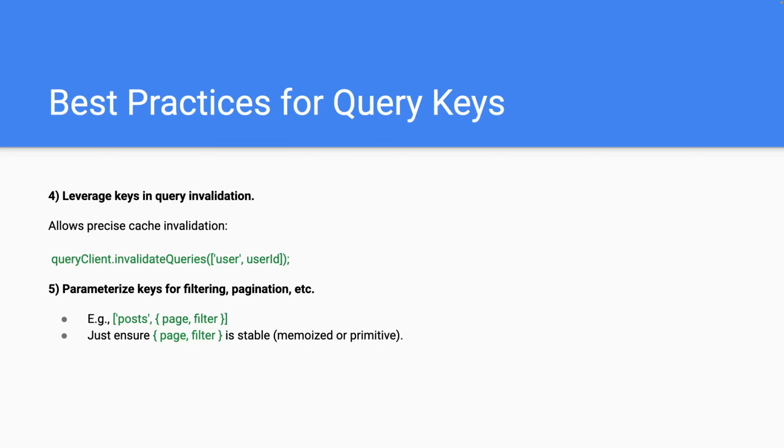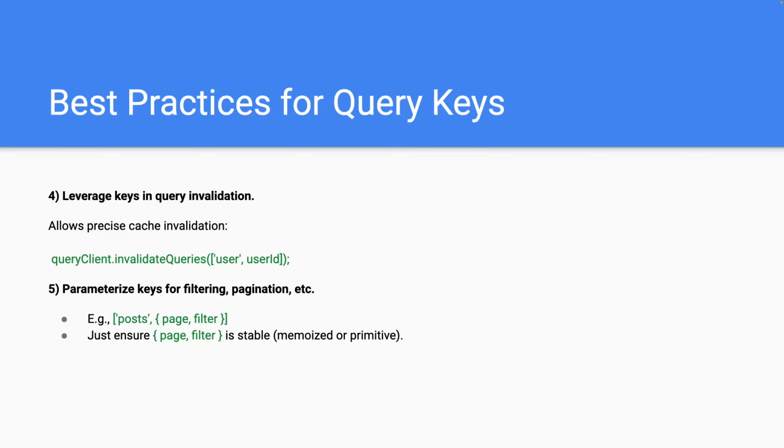And the last point, one of the best practices, is to parameterize keys for filtering and pagination. For example, as you can see in the example, I have a query key and the first element is a string which is post, but the API which is related to this post always has pagination and also provides some filtering.